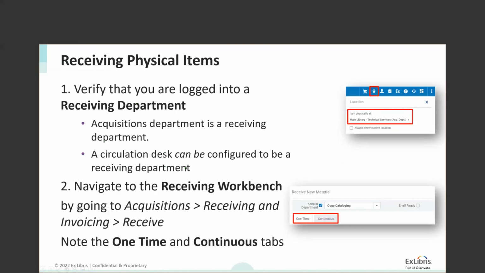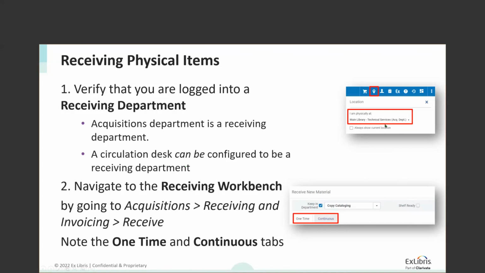Depending on your library, you may choose to make your circ desk configured to be a receiving department. And I just want you to keep that in mind right now. And we'll talk about a couple of scenarios and how to do it later in the session, when it really kind of hits you as to why you might really want to do that.